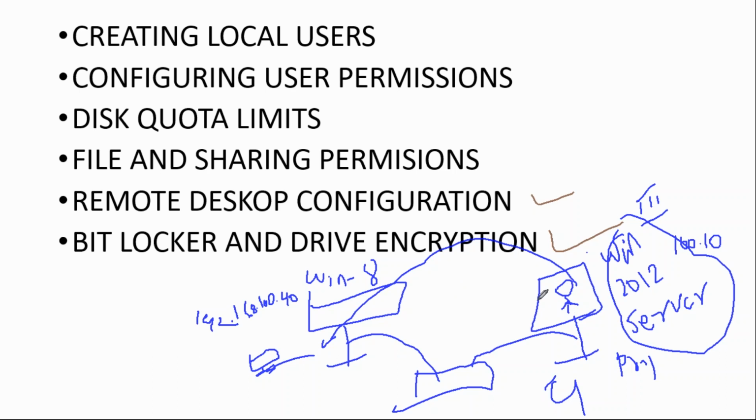Likewise, you can take the remote system from server to client, or from server to client PC also. Both are possible. First, make sure that remote desktop connection, RDC, is enabled, plus you should know the username and password, otherwise you cannot access it.